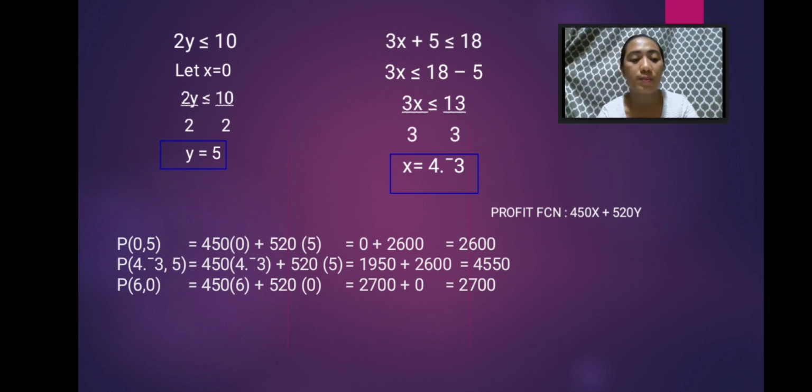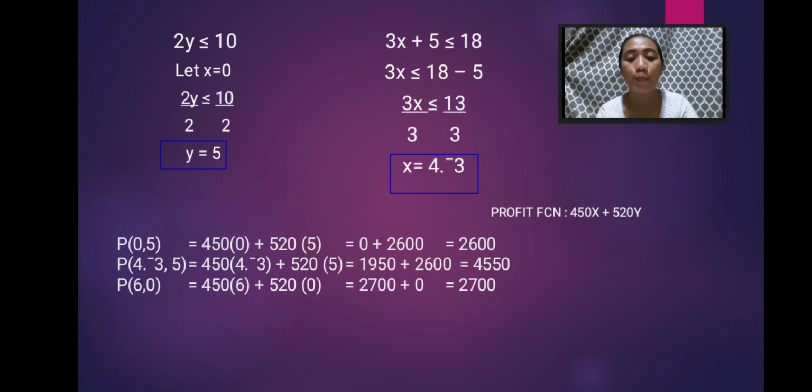Then the last point is P of (6, 0), which is equal to 450 times 6 plus 520 times 0, which is equal to 2,700 plus 0, which is equal to 2,700.